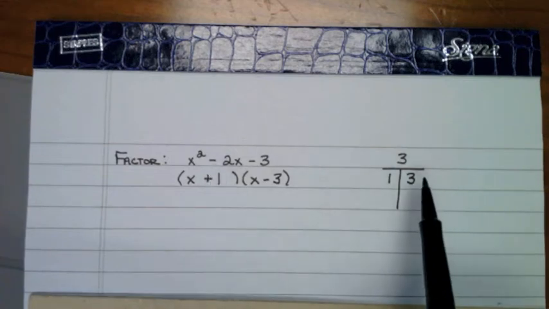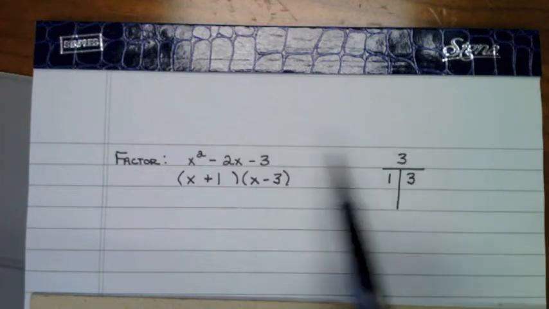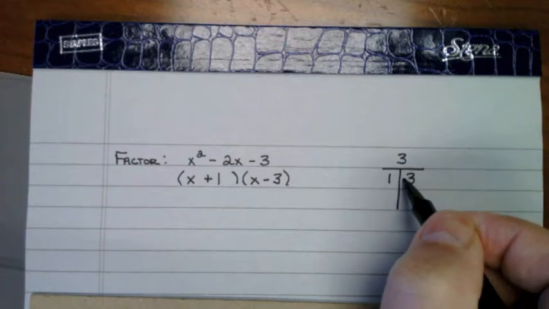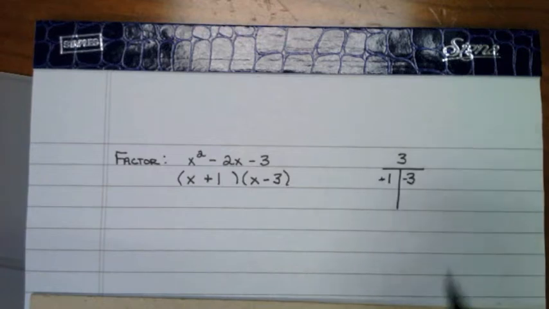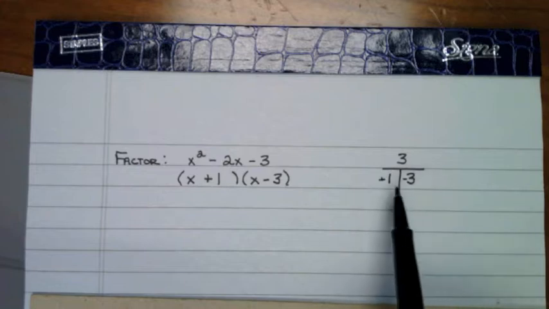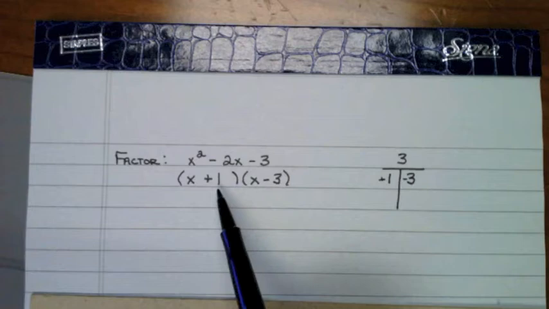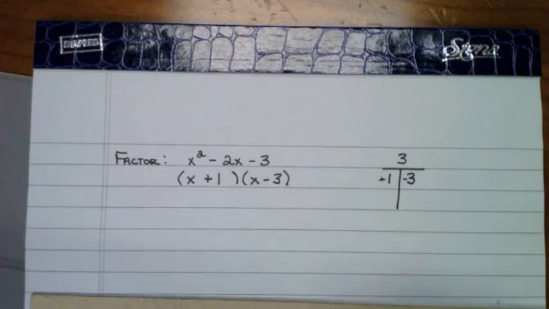So let's go through that again. I need two numbers that multiply together to give me -3. If I have a -3 and a +1 and I multiply them together, that's going to give me -3. If I take a +1 and a -3 and add them together, that's going to give me -2.